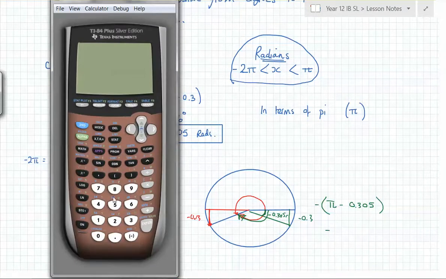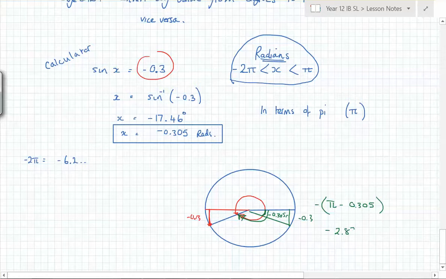Pi minus 0.305 gives me 2.836. I've got minus 2.836. Again, it's not in terms of pi, but it is a solution, and it is in radians. Okay, so there's another solution.